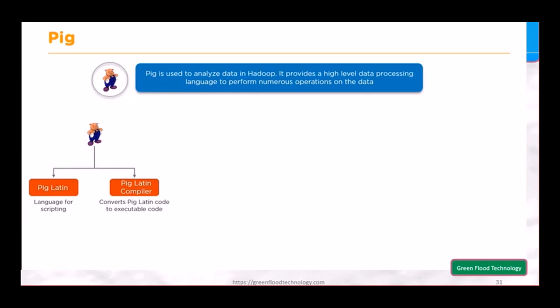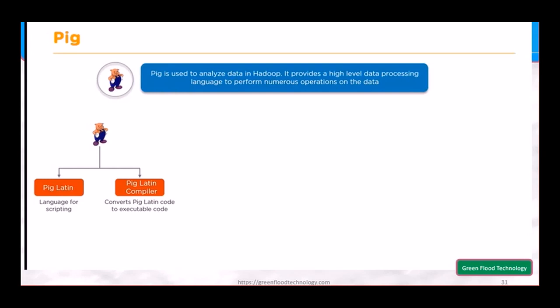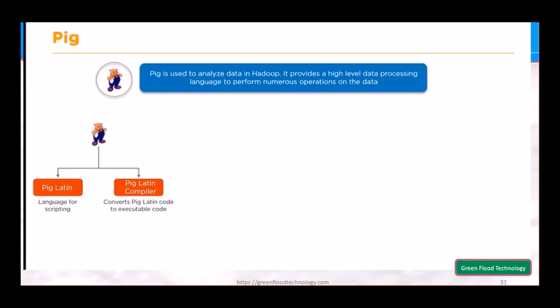So in Pig you have Pig Latin and the Pig Latin compiler. Pig Latin is a language for scripting, and the Pig runtime is the execution environment for converting Pig Latin code to executable code.